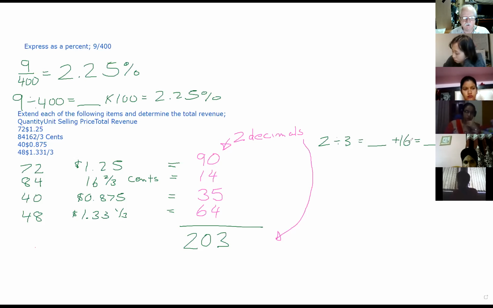But because these are cents, not dollars, I'm now going to go divided by 100 to turn them into cents. So I end up with 0.16 repeating, at which time I can go times 84, and I got the 14.